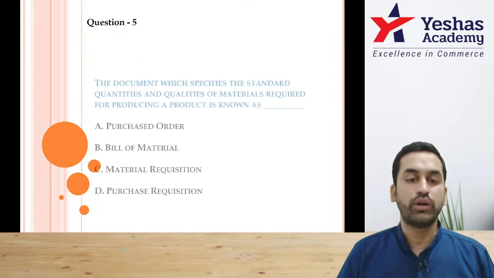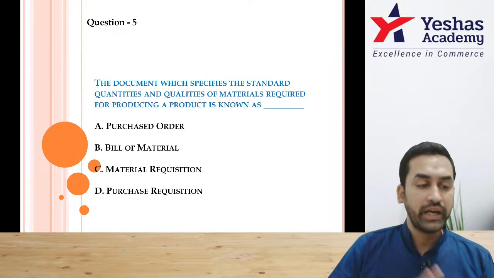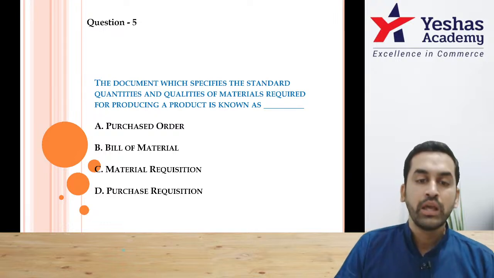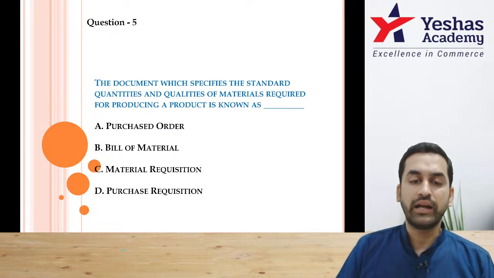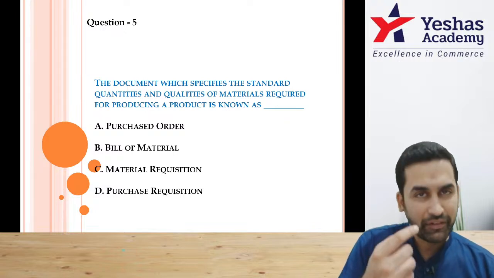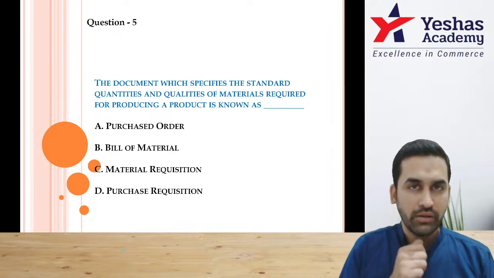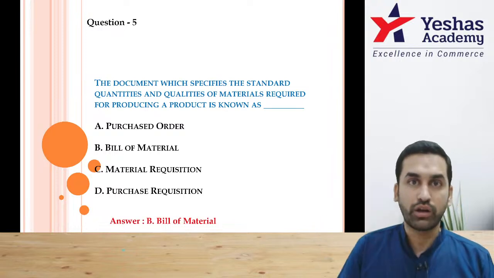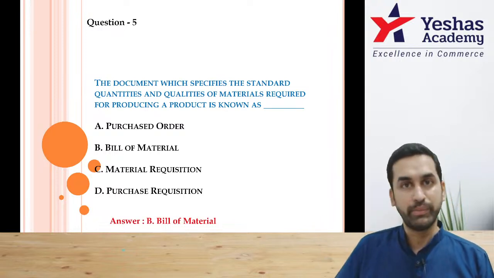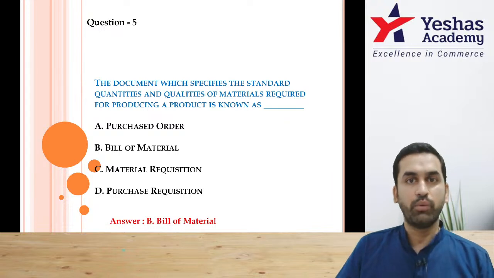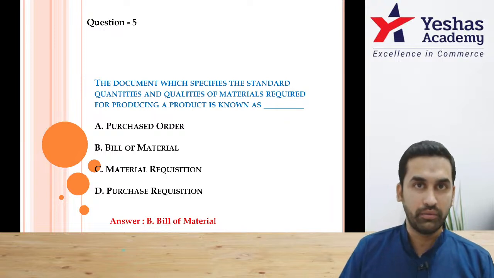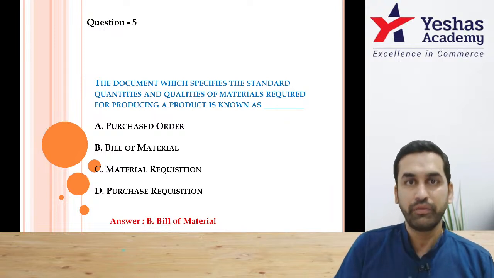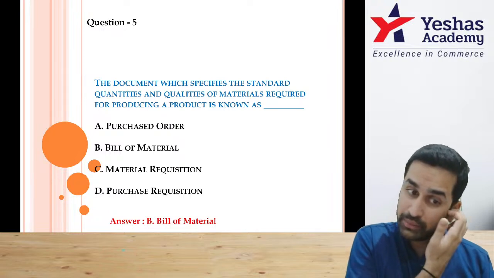Okay, let's move on. Question number 5. Read properly again, go slow. The document which specifies the standard quantity and quality of material required to make a product is known as, in fact, I myself answered this 5 minutes ago. It's bill of material. Bill of material is that master document that has everything about the material, which is the alternate material, what should be the thickness, what should be the weightage, what should be the color, everything about the material, what's the brand from which we prefer to buy, everything is there in the bill of material.